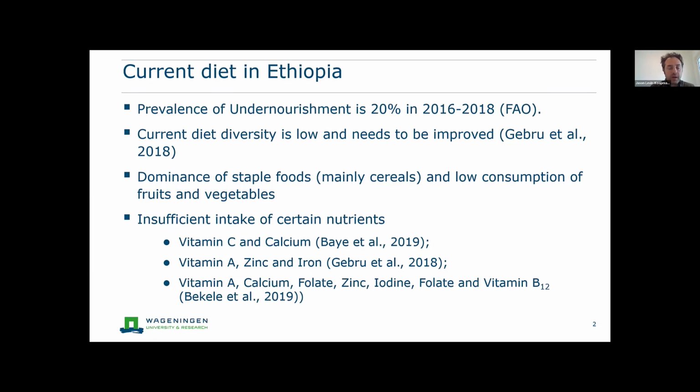Most of the calories now come from staple foods, from cereals, and there's very low consumption of fruits and vegetables. So the goal of this work is to impose a diet shift in Ethiopia, and to see what kind of pressures and stresses this puts on the agricultural system.